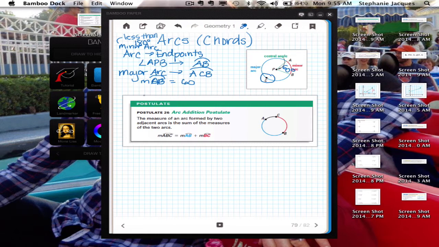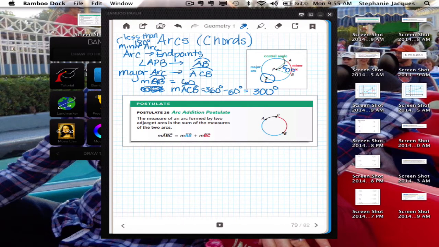And the measurement of arc ACB is going to be 360, because that's how many degrees in a circle, minus 60 degrees. So that major arc is 300 degrees.